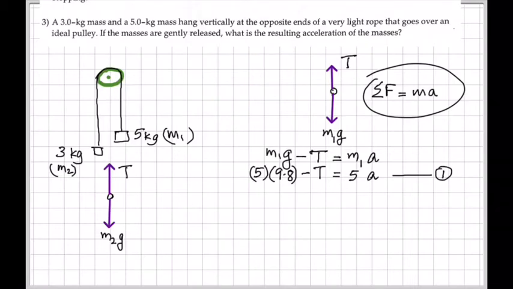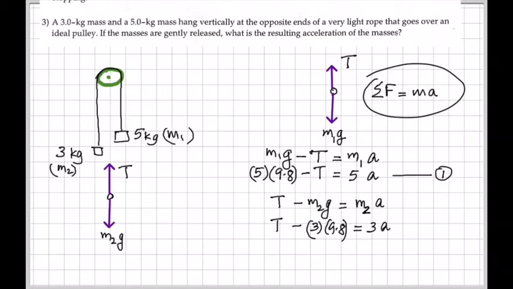T. So when you take the net force, you're going to go T minus m2g, because T is bigger, is equal to m2a. Newton's second law. T, you do not know. m2 is 3. So T minus 3 times 9.8 is equal to 3 times a. That's our equation 2. And the physics part is done.